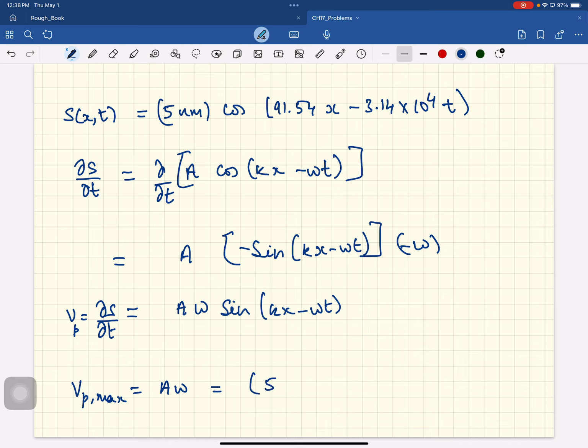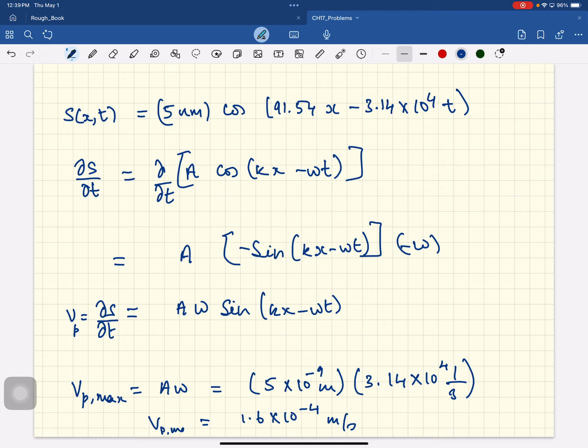What is the amplitude? 5 nanometers. And ω is 3.14 × 10^4 per second.